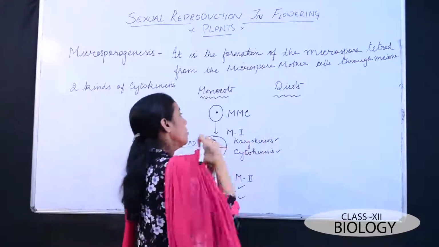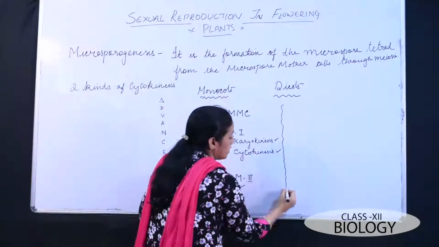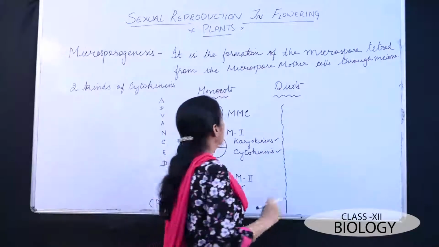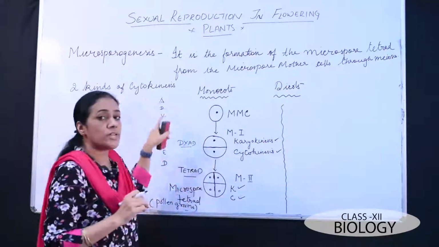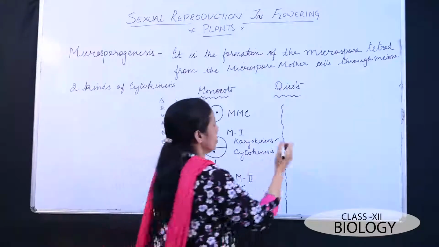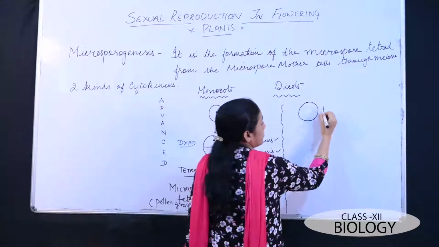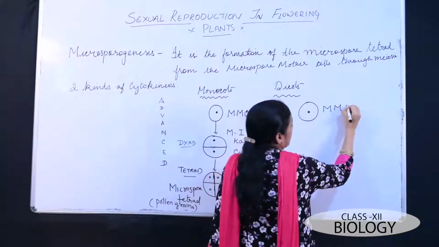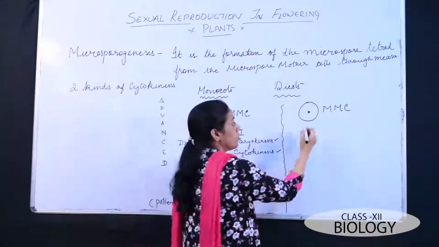Now let's see what happens here, that is in the case of the dicots. In the dicots, what we see is how the microsporogenesis occurs and what is the kind of cytokinesis that follows. So here again I am making a microspore mother cell. Now this microspore mother cell will divide.